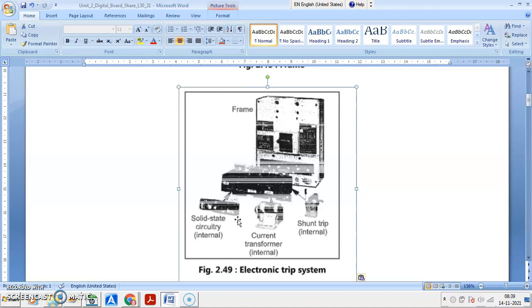They are especially designed for communication and for giving the electronic tripping signal to the circuit breaker. So this increases the reliability of the circuit breaker.